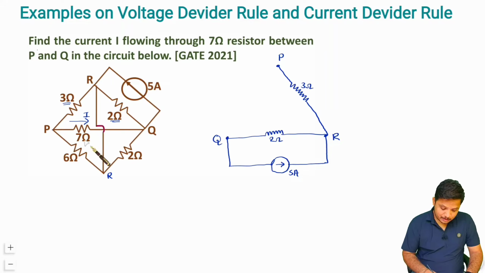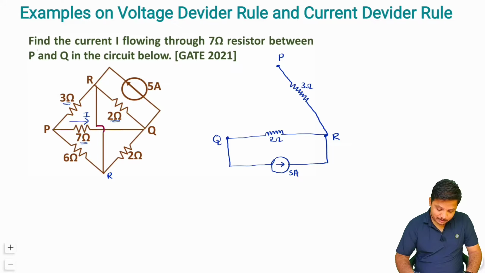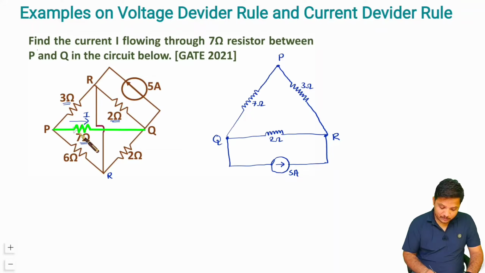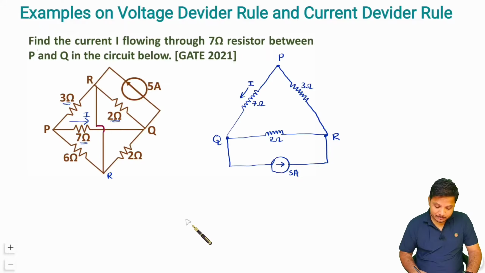This 7 ohm resistor is between P and Q, so this is P and this is Q. Here the 7 ohm resistor is connected, and the direction of current is from P to Q. So the direction of current I that we need to identify is P to Q.